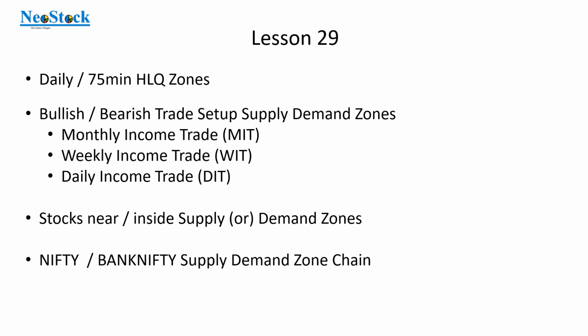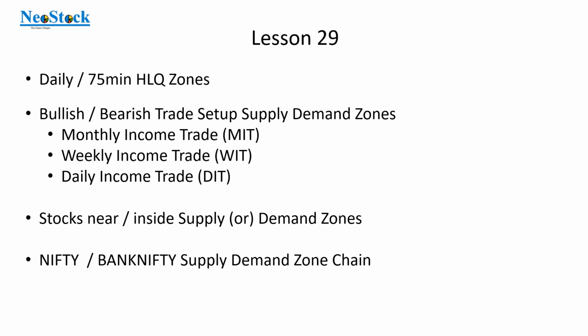So that's why we have good ROIs for our HLQ zones. But the only thing is the HLQ zone strategy should be applied only for daily or 75 minutes high liquidity zones, as I explained in lesson 21.3.